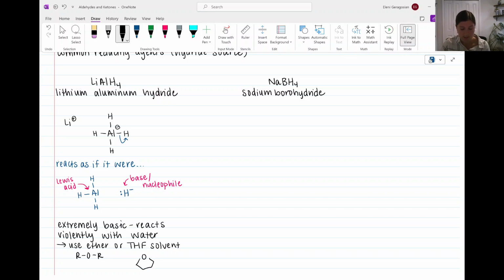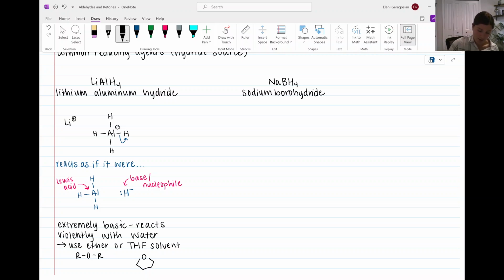So those are 2 common solvents for lithium aluminum hydride. If you had a protic solvent present, that would be a problem. The hydride would react with the hydrogen in a protic solvent to create hydrogen gas that bubbles out. And so then we wouldn't have the lithium aluminum hydride to complete the mechanism with.